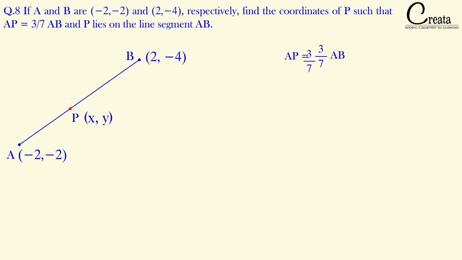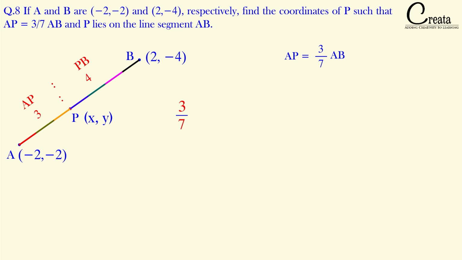This 3/7 means that we have a total of 7 segments, AP has 3 segments and the rest, 4 segments, are between P and B. So AB has 7 segments in total. So 3/7 denotes the ratio of AP to PB as 3:4. This is a general understanding of what the fraction means.